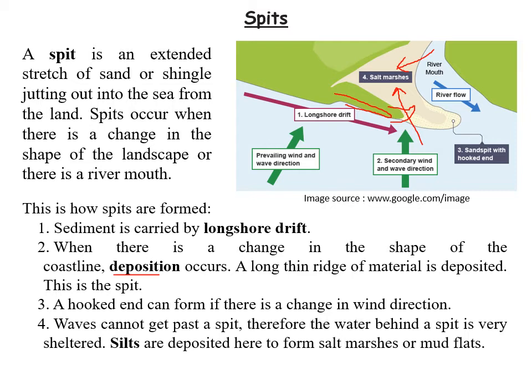So this forms muddy areas, a low energy condition where the water is almost stagnant, and often it forms some marshy landmass. These are known as mud flats also.